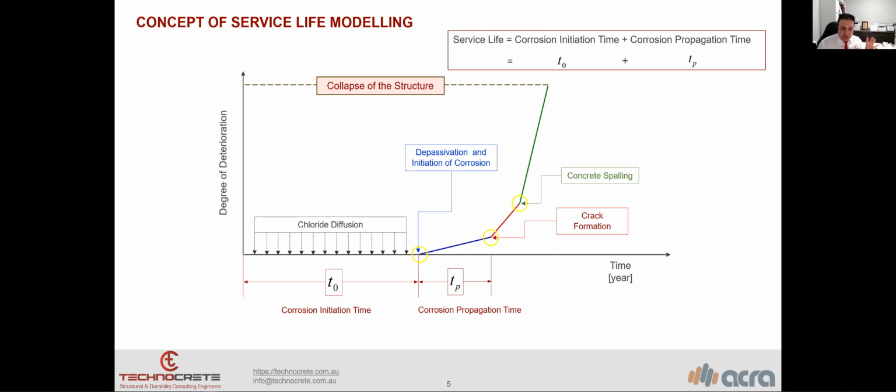Why? Because corrosion propagation time is a very complex process. There are different types of parameters and factors affecting the corrosion propagation time. And that's why we try to increase the corrosion initiation time in order to have a healthier structure.